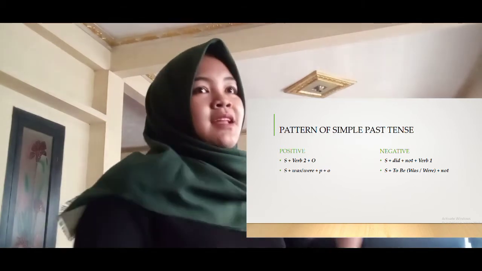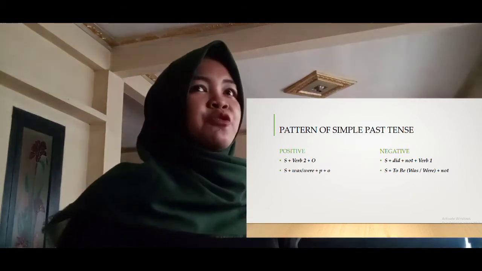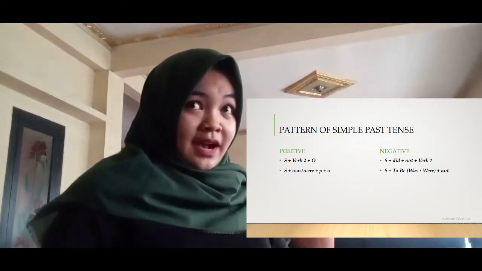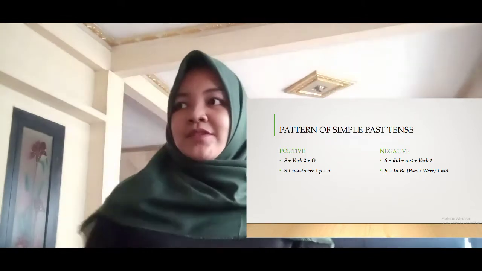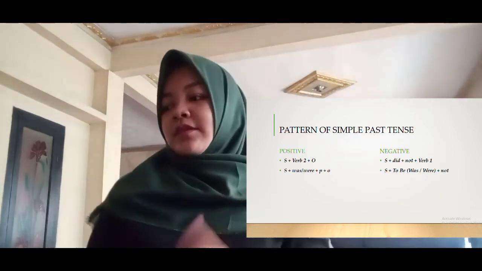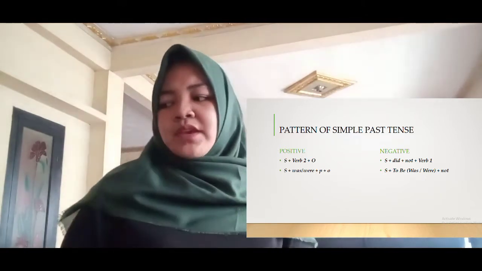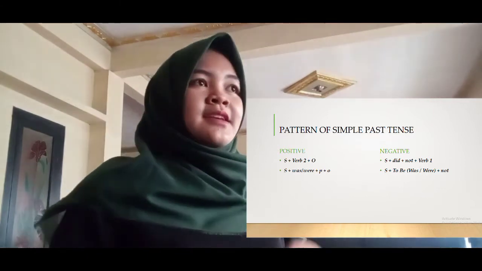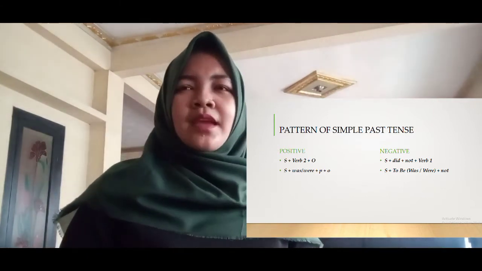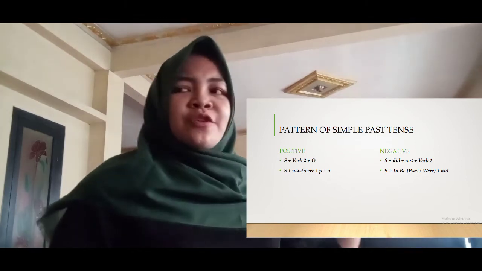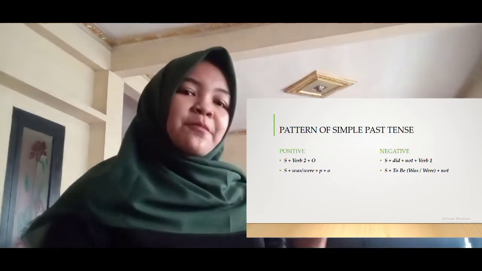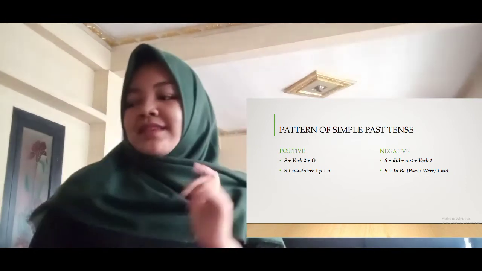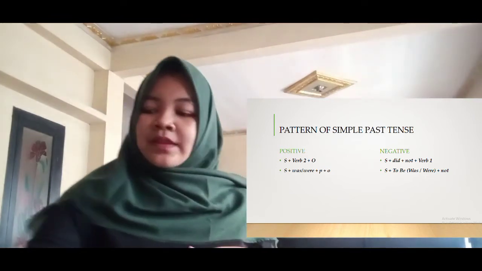Jadi kembali lagi ke verb 1. Jangan menggunakan verb 2 lagi. Jangan menggunakan went lagi seperti di positive sentence-nya ya. Okay? Do you understand? Good. Untuk to be, was or were, berarti contohnya I was not happy. Yes, that's correct. Good. Okay.